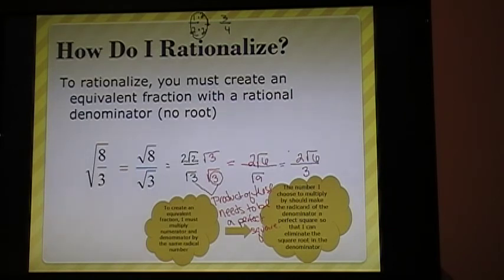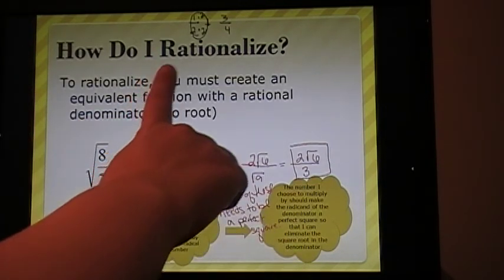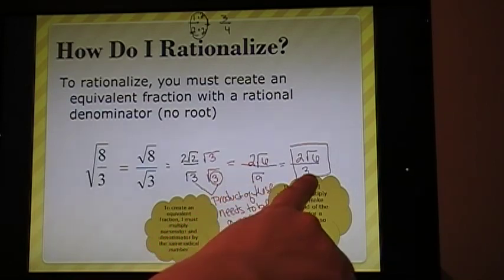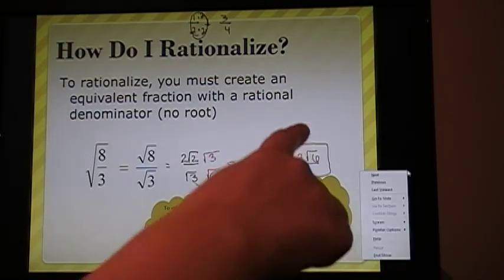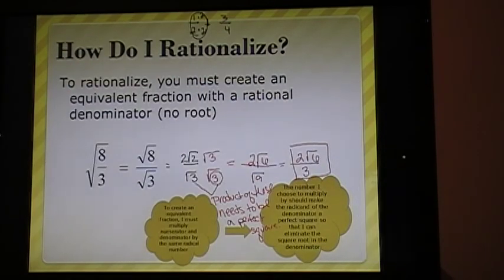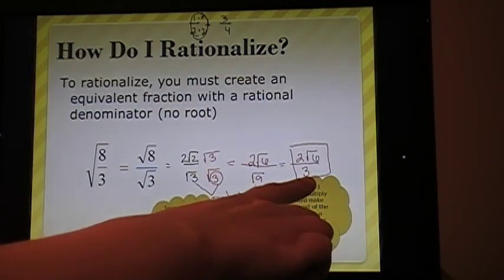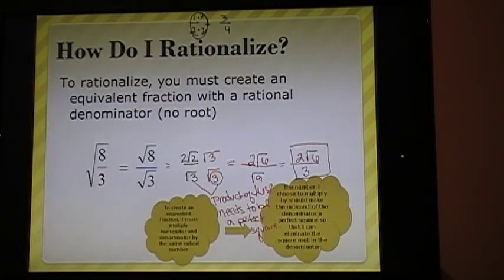Okay, so this is a fraction that meets all 3 of our conditions, and so now we can stop. Again, the goal of rationalizing is to make the denominator a rational number, or no root in that denominator.